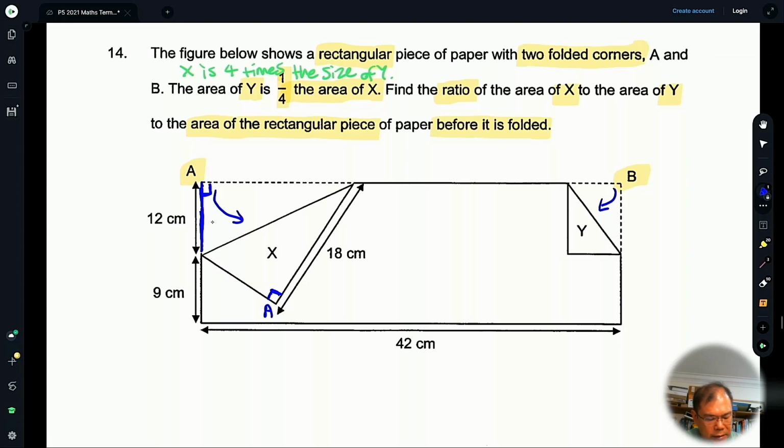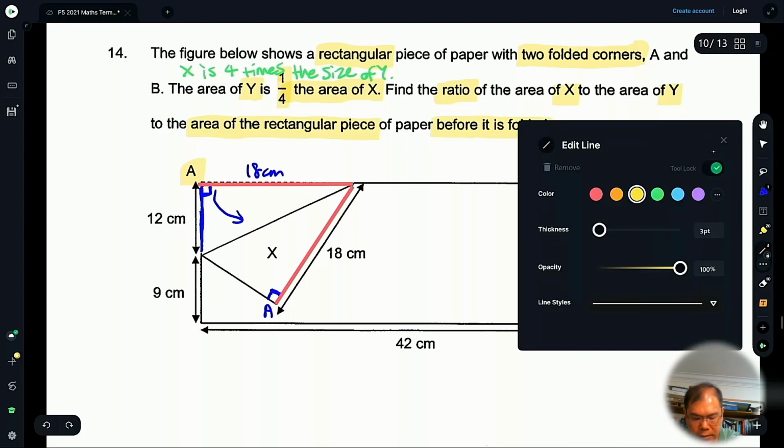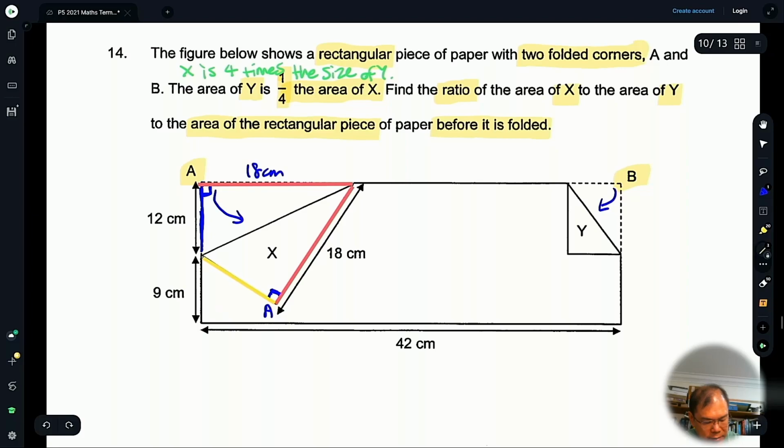So it shows here this 18. Actually, this line here is the same as this line here, which means this is 18 centimeter, right? And this line here is actually this line here, which means that this is 12 centimeter.